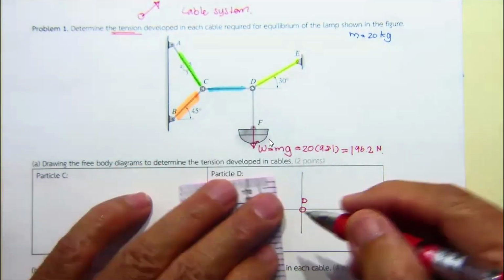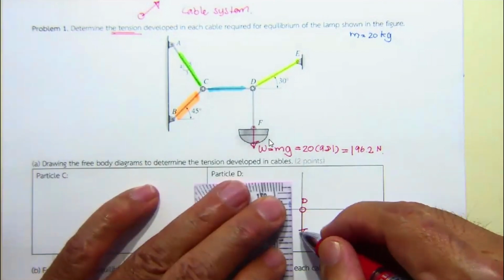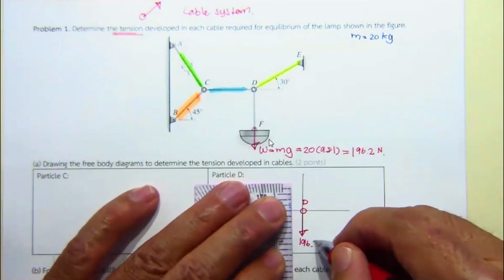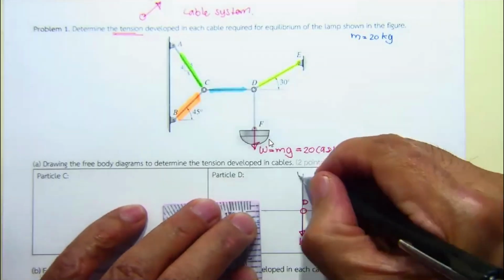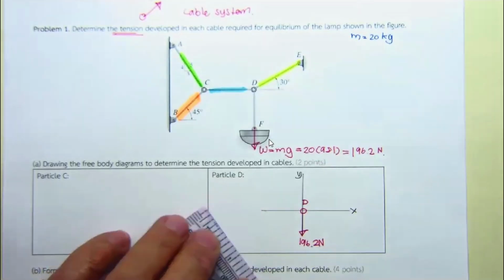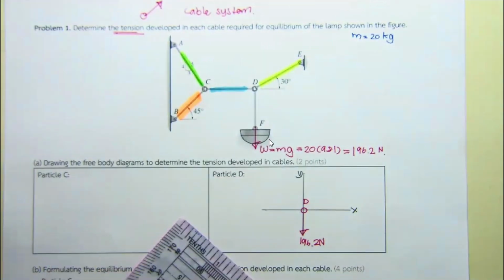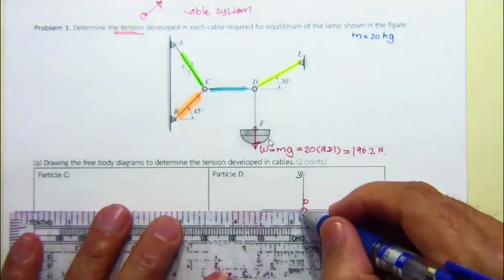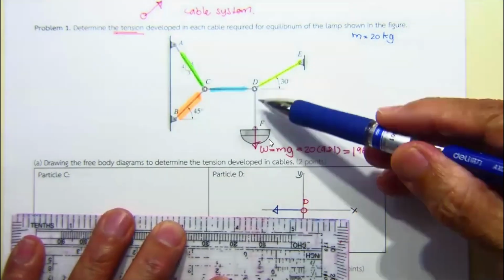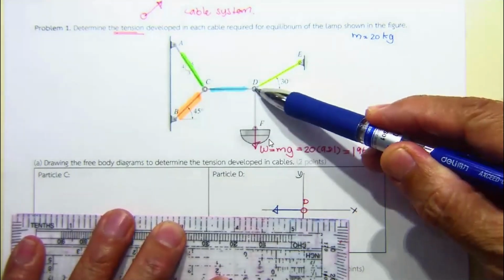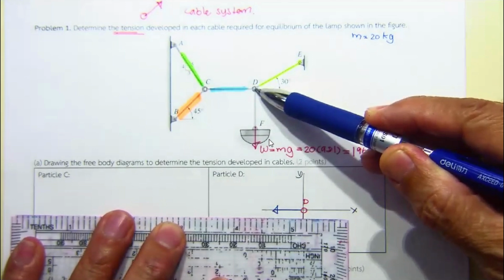Under application of the force of 196.2 Newtons, the force in the cable must be developed along the cable direction.